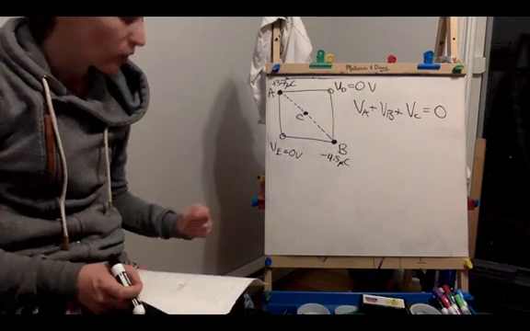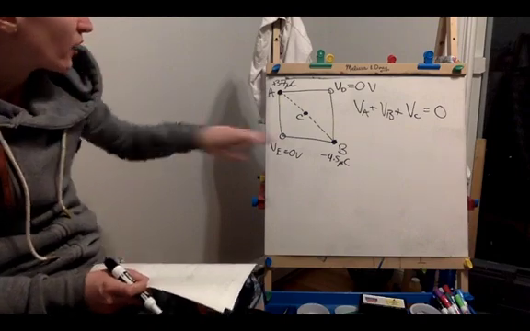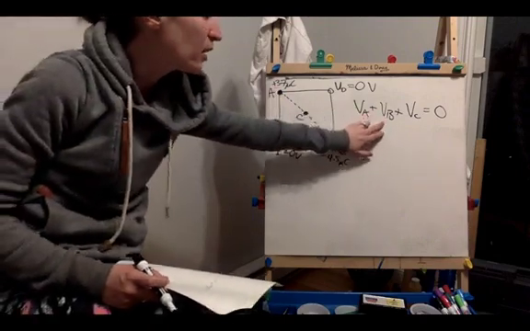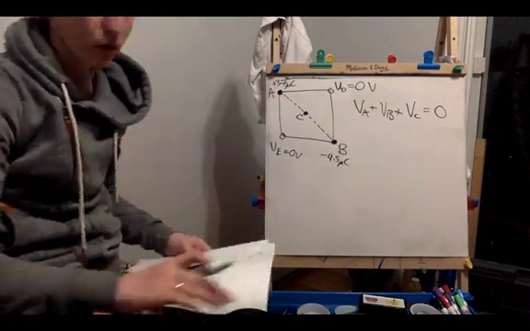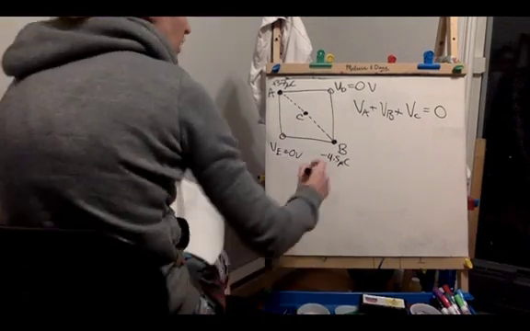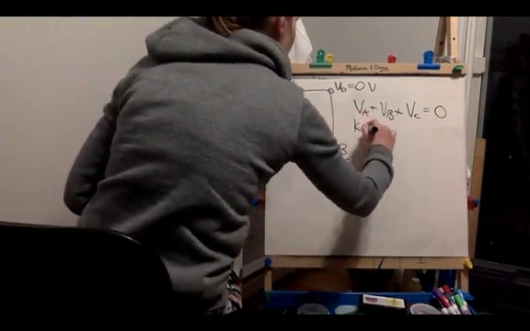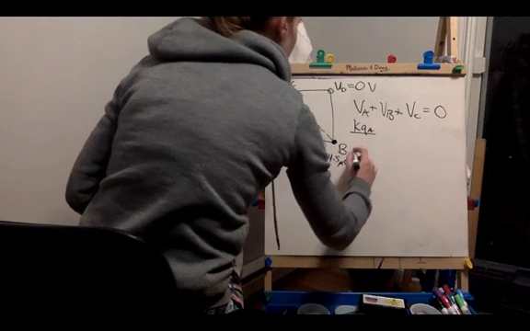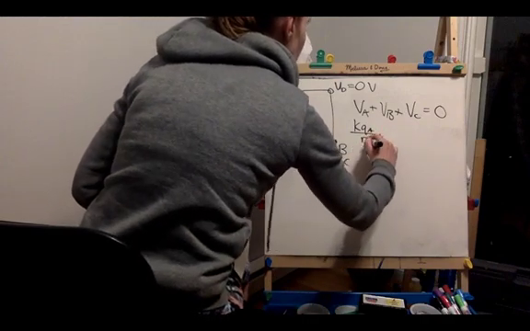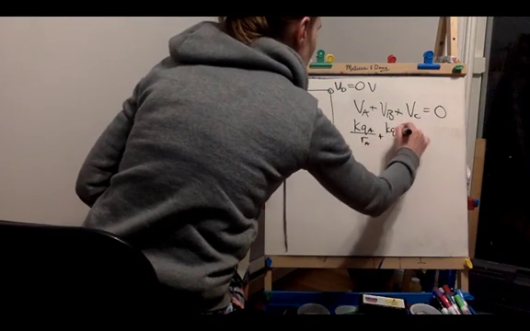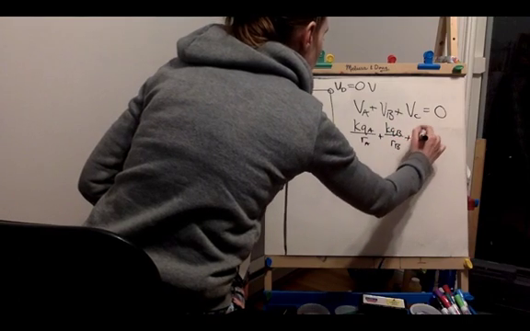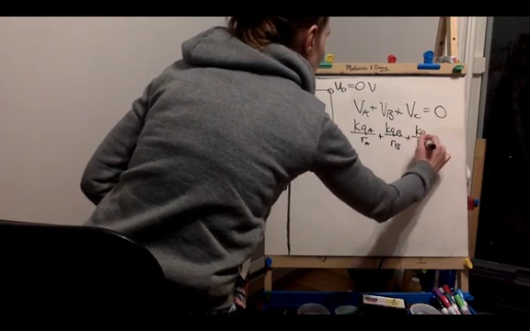That's the goal. We can figure out this and this, and we're trying to look for that charge. So again, these all have formulas. This would be kQA over RA, this is kQB over RB, and this is kQC over RC.